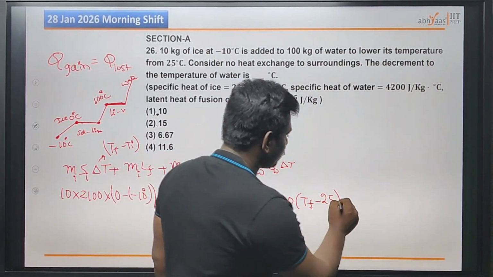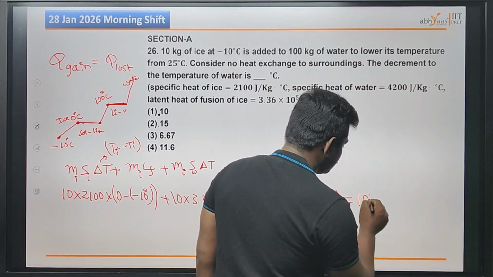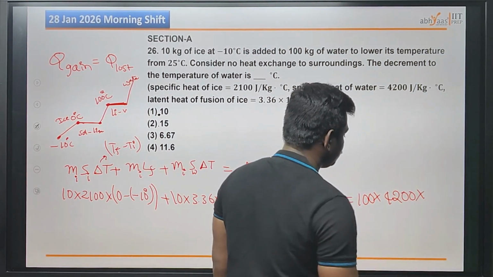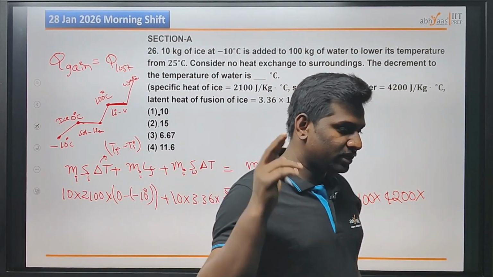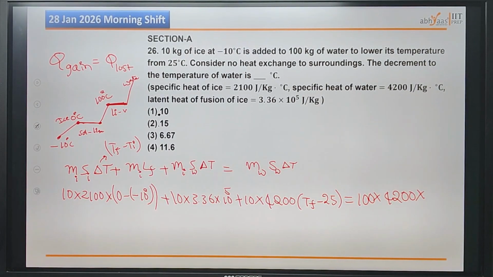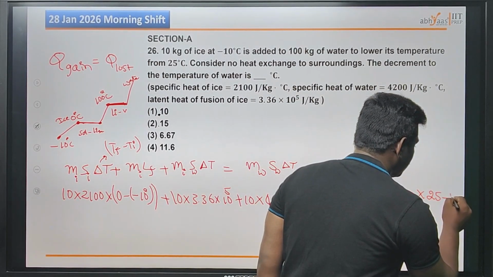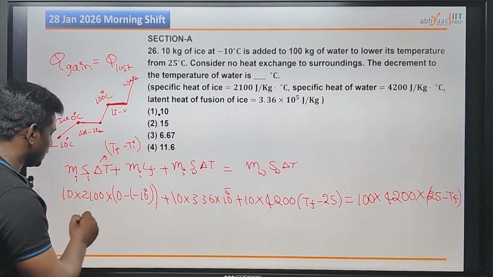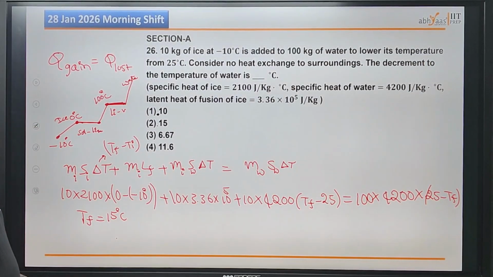This is equal to mass of the water, which is 100 kg, into specific heat of water 4200 into delta T, which is nothing but 25 minus T. If you solve and cancel the terms, you will get the final temperature as 15 degrees centigrade. This is your final temperature.